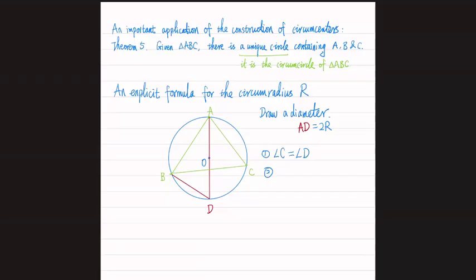Then because AD is the diameter, this angle must be 90 degrees. Okay, let's see why. Angle ABD must be 90 degrees.